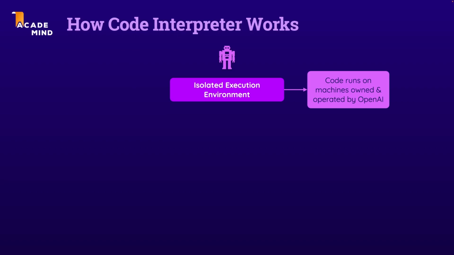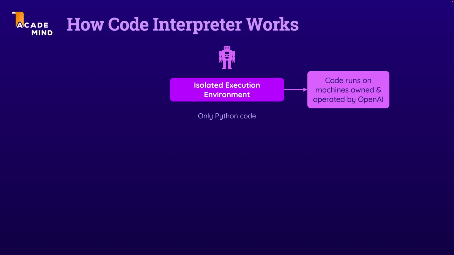And therefore, certain restrictions set by OpenAI do apply. For example, at the moment, OpenAI only provides an execution environment for Python code. So you can't execute other code with Code Interpreter at this point in time, though that of course may change over time.